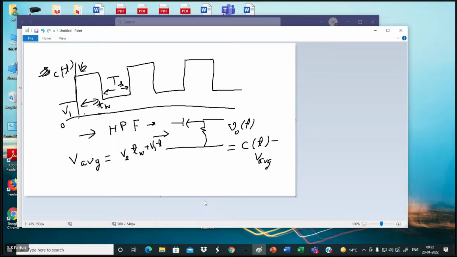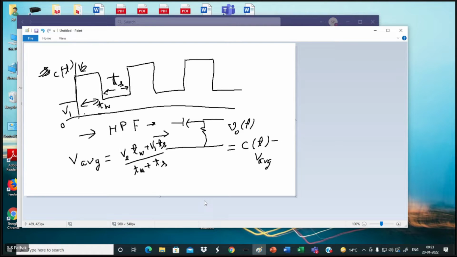Sorry, I had written a capital T there, I can make this a small TS. So V2 into TW plus V1 into TS, the whole thing divided by capital T, that is TW plus TS. This will give you the V average.